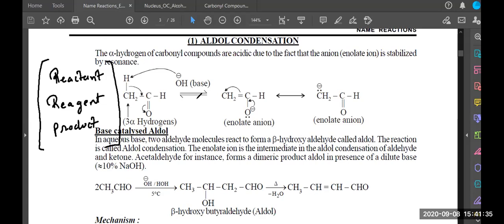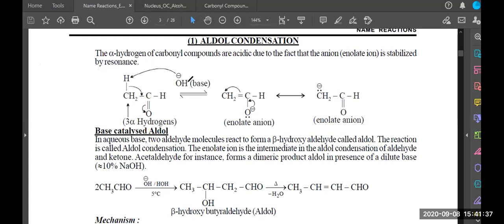Now, when we talk about the reactant, in aldol condensation, the reactant should be what? Tell me. Is there any condition? Yes.